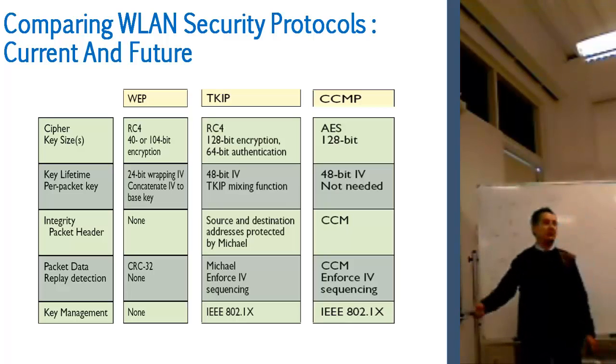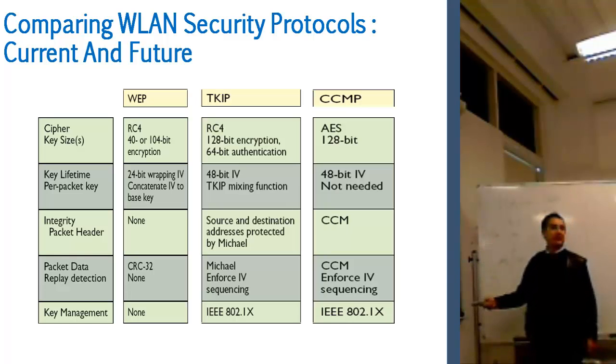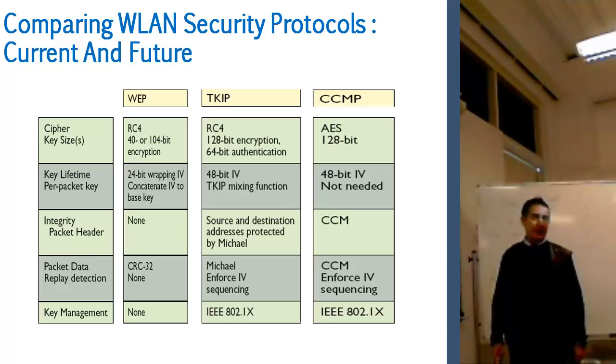All right, key management in WEP. Do we have any key management in WEP? No. TKIP came up with IEEE 802.1x, and CCMP is using, again, IEEE 802.1x. So this is the whole summary that we covered so far.